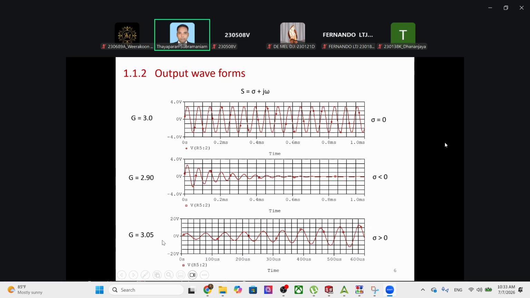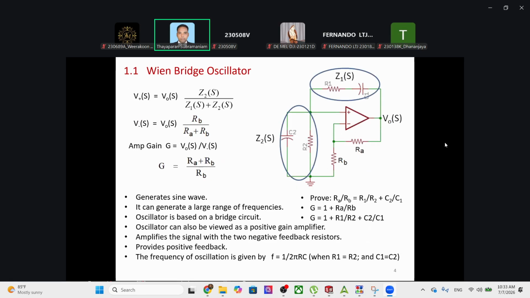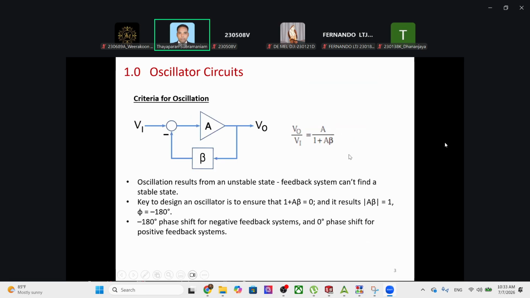Now when it's greater than 3, the amplitude increases and it goes unstable, or the amplification is clipped between VDD and ground. So we use this instability by exactly putting A beta equal to 1, right?